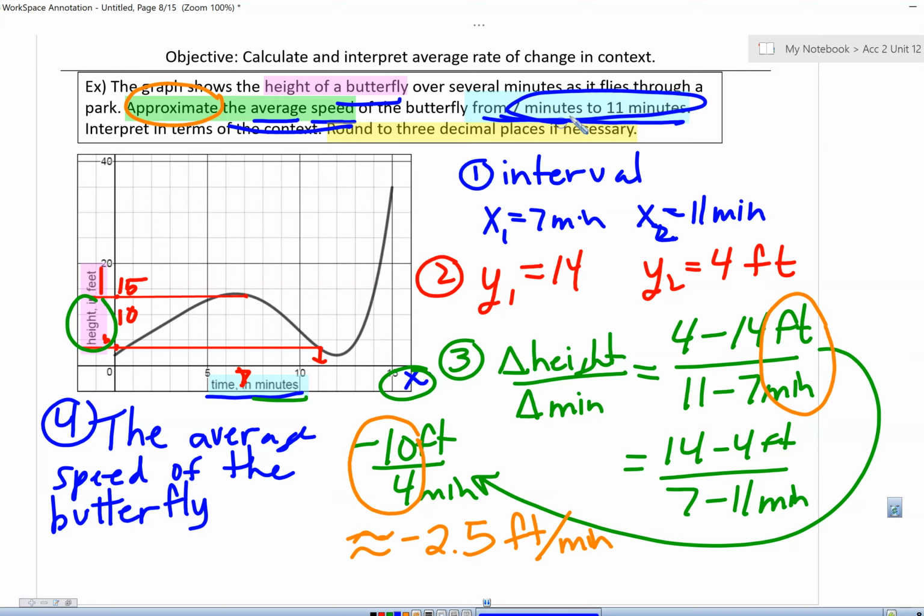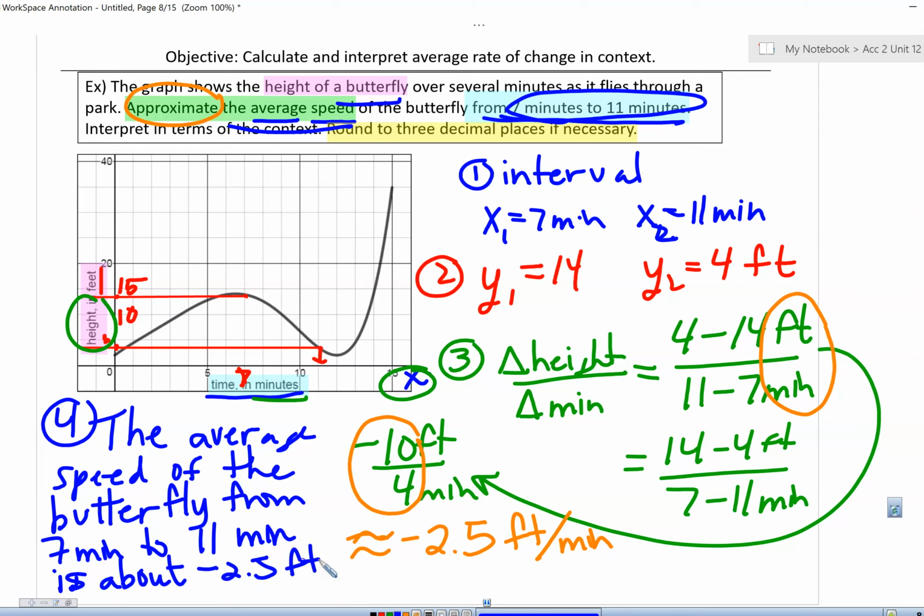So this is from 7 minutes to 11 minutes is about or approximately negative 2.5 feet per minute.